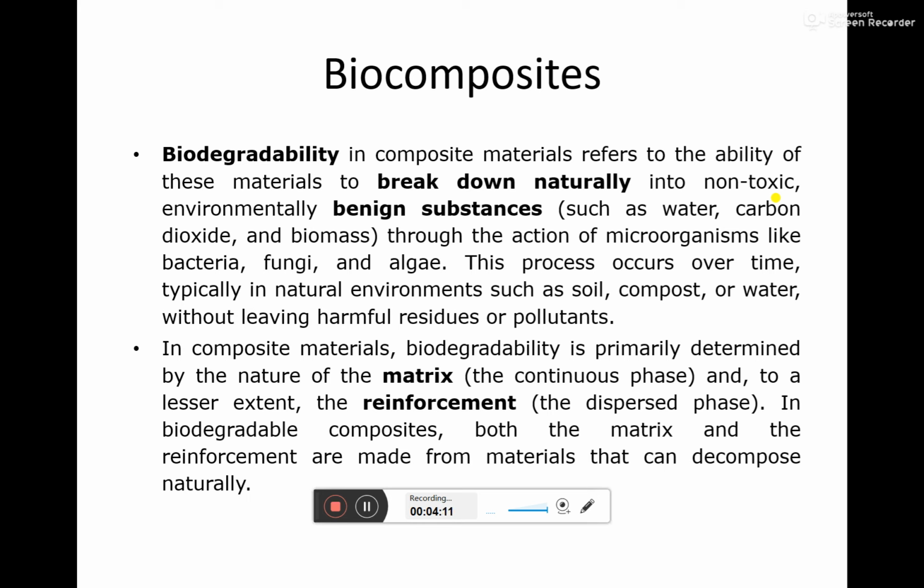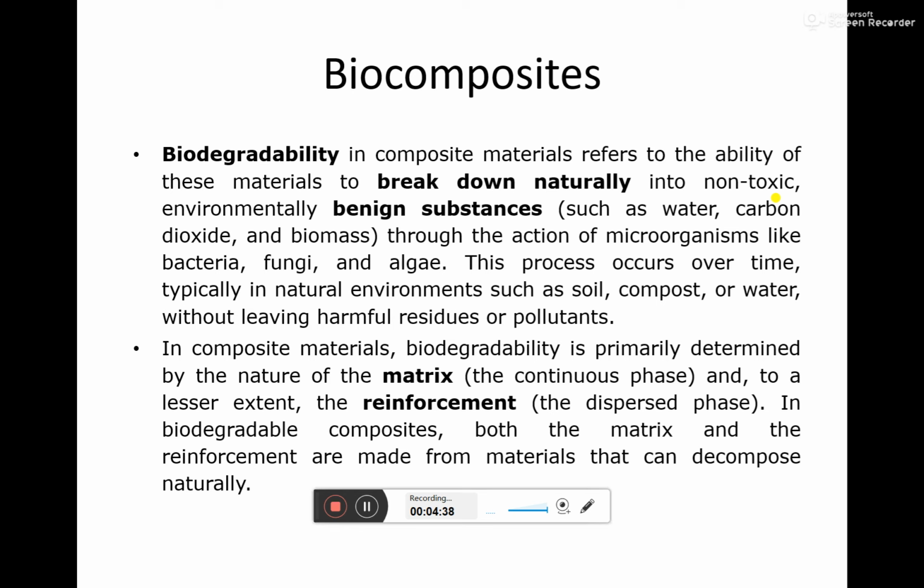To avoid that, we can use biocomposite material. A biocomposite is one where we use biodegradable materials for both the matrix and the reinforcement.